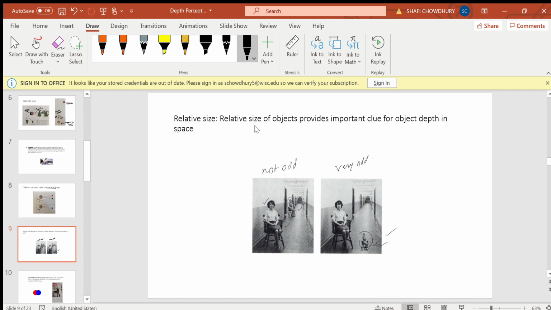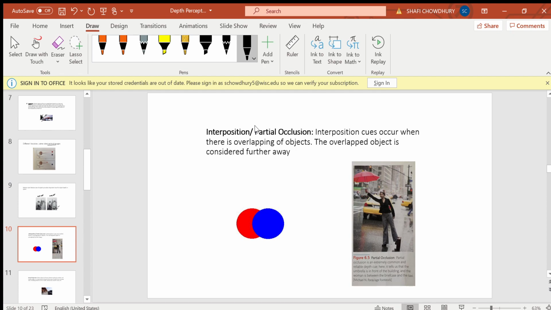But again, we don't depend on only one cue. You see, the size of the chair is also smaller, and a lot of other things. This is not very clear, blurry. This is very clear. We know near objects are clear. As you look far, it gets less clear. Although too near is again blurry.